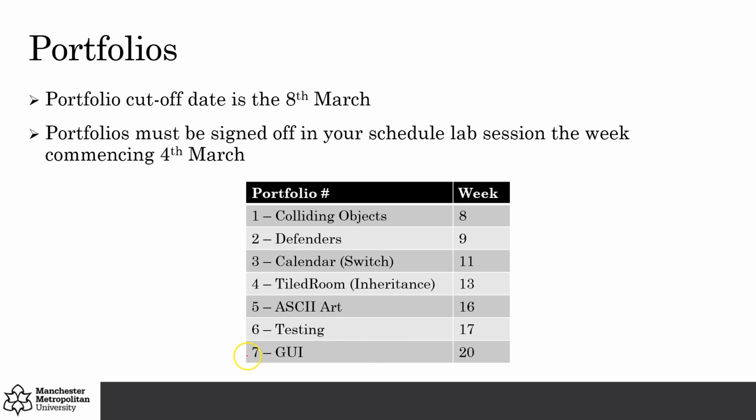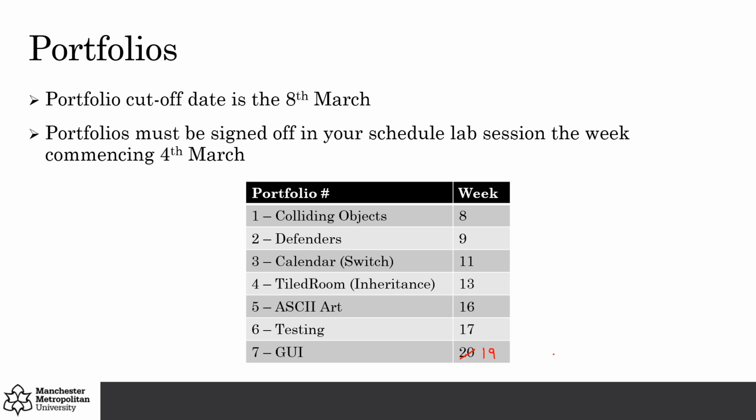So as you can see, there's 7 portfolios. Just a quick note about Portfolio 7, which is on graphical user interfaces. It says week 20 here, but we've decided to bring that forward to week 19. The reason we've done that is there are some labs who have their labs before the lectures, which means technically they don't do the lab until the week after most of the other labs group do it.